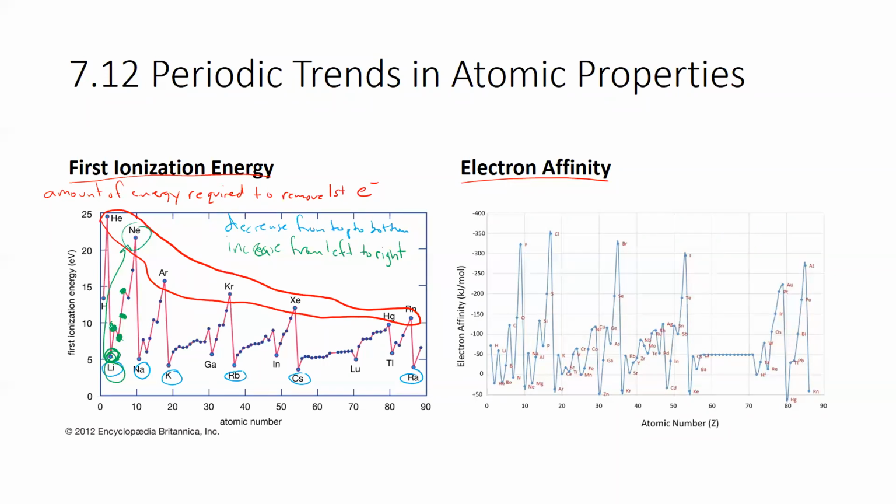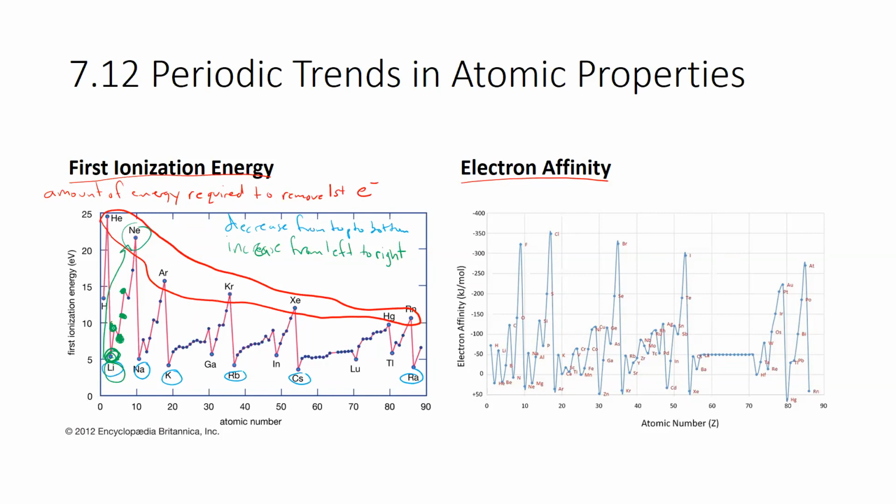That's a full orbital. And then when you go to the next electron configuration for boron, now you have 2s2 2p1, and it takes a little bit less energy to remove the first p electron than it does to remove the second of the s electrons. And so there's some subtleties here.